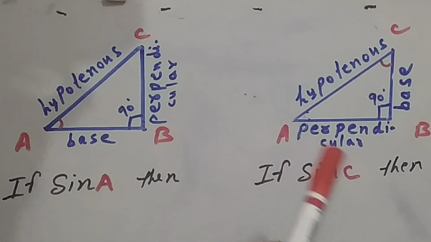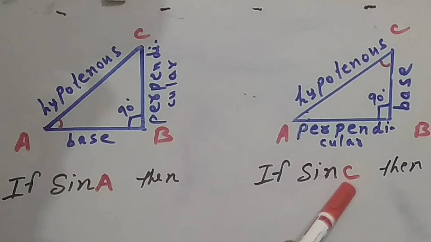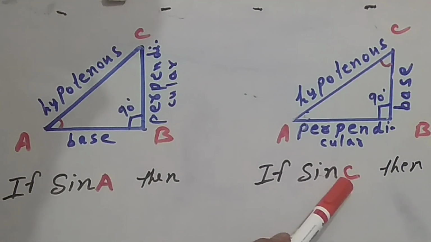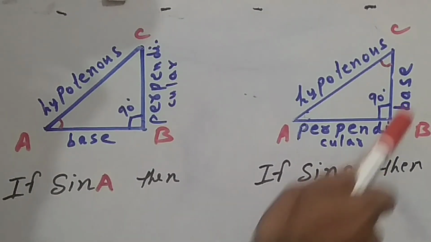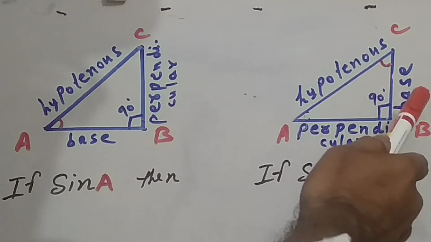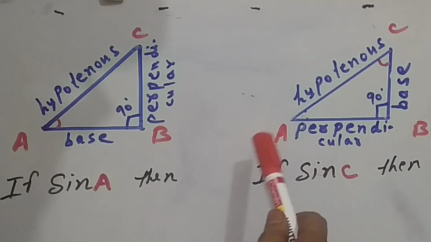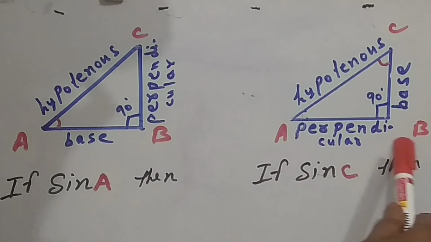And if we take sine C, this angle, then this is base, this is hypotenuse and this is perpendicular.